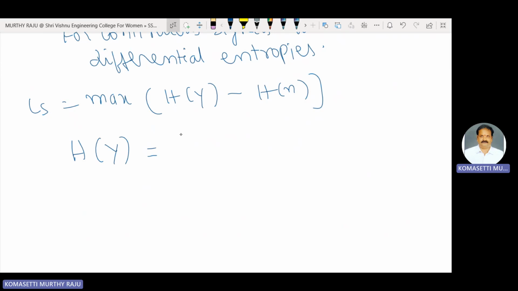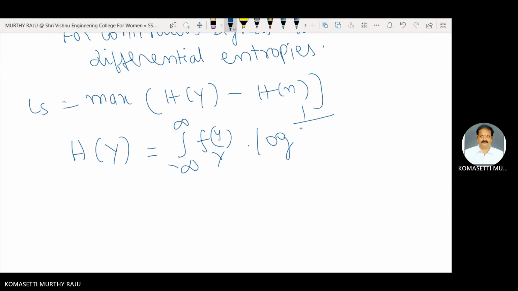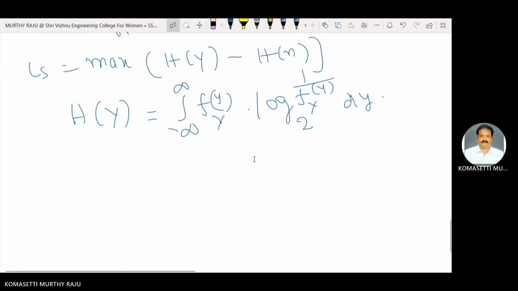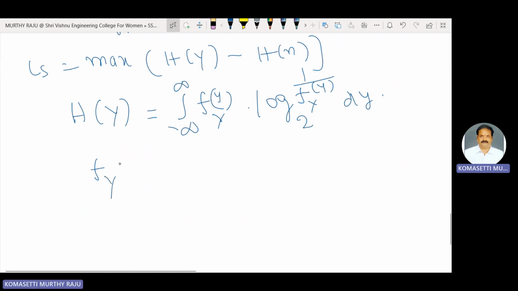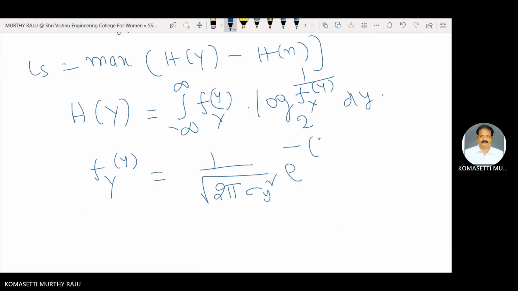H of y is equal to integral from minus infinity to plus infinity of f of y, the probability density function, into log 1 by f of Y to the base 2 dy. The probability density function f of capital Y is equal to 1 by square root of 2 pi sigma y square, e power minus (y minus mu) whole square by 2 sigma y square.